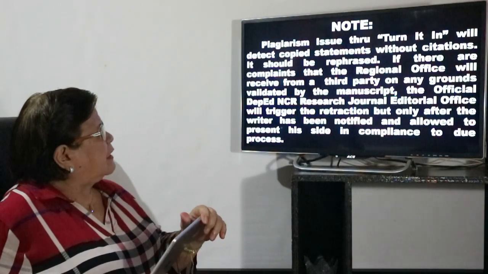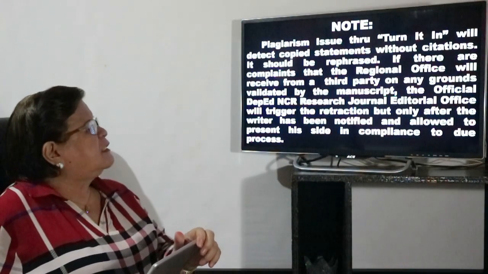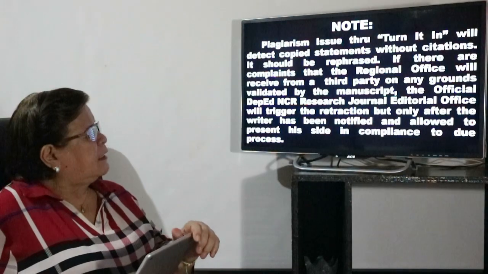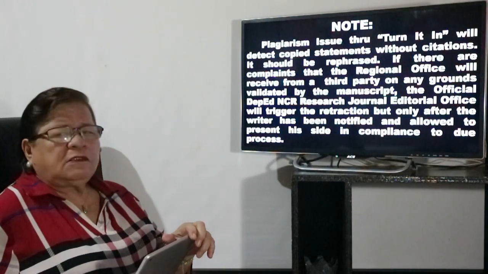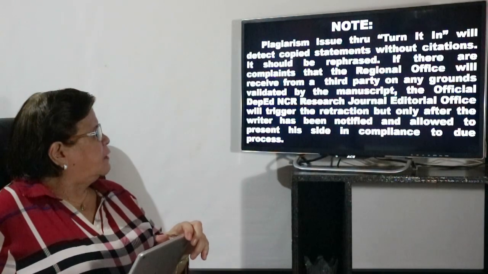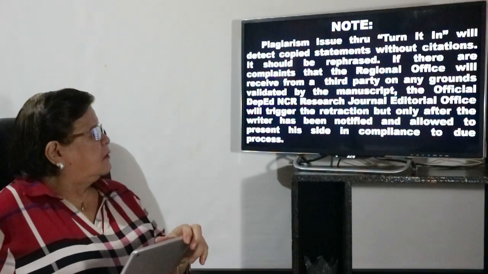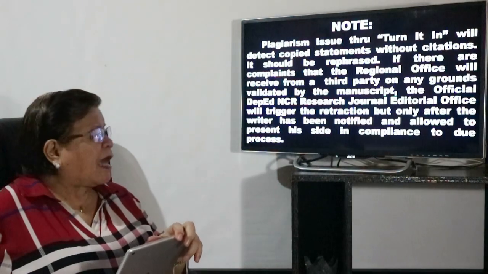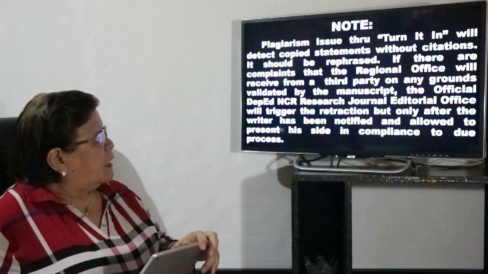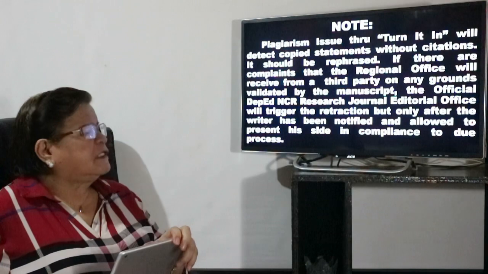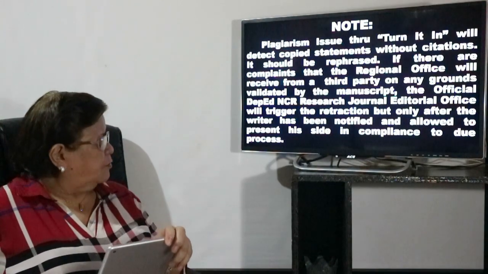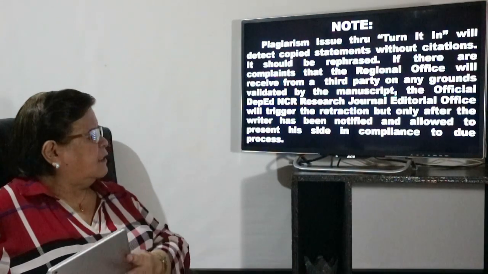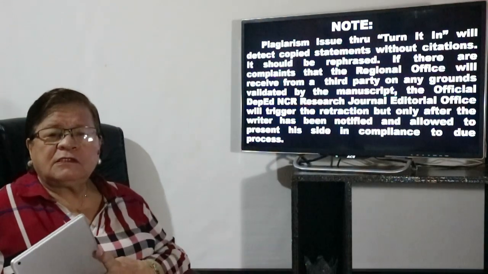If there are complaints that the regional office will receive from a third party or any grounds validated by the manuscript, the official of the Department of Education Research Journal Editorial Office will trigger the retraction, but only after the writer has been notified and allowed to present his side in compliance to due process.